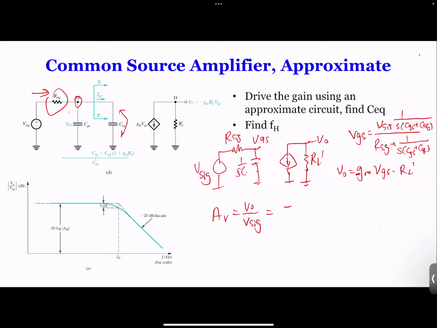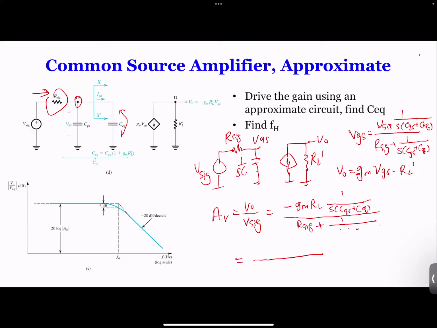So we have minus GM times RL prime times 1 over S times CGS plus CEQ, divided by RSIG plus 1 over S times CGS plus CEQ. Now, in this case, we can multiply S times CGS plus CEQ on numerator and denominator.